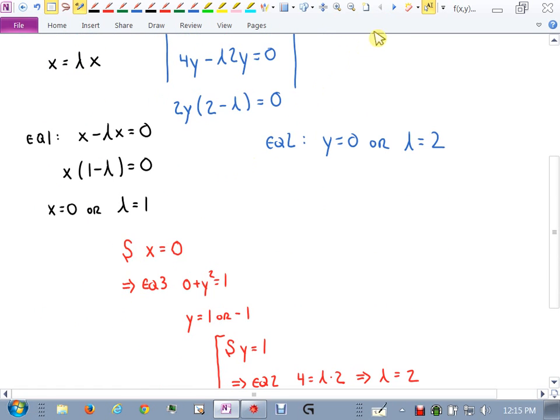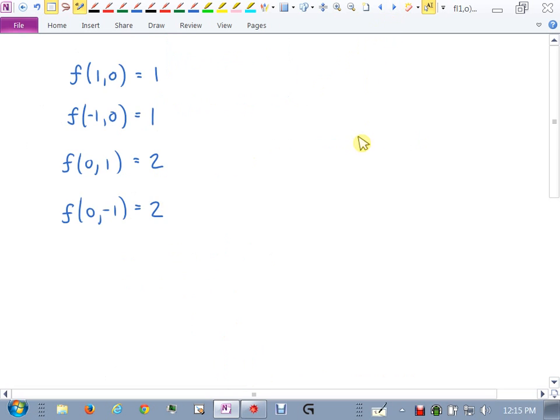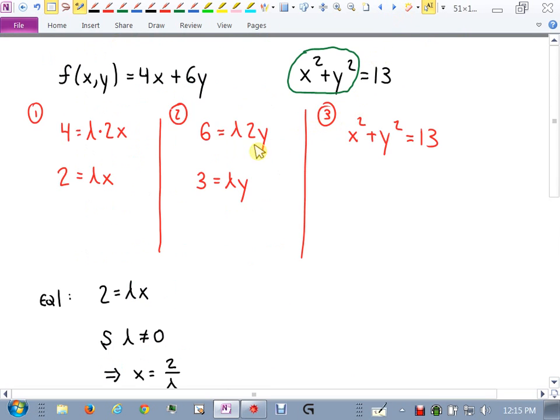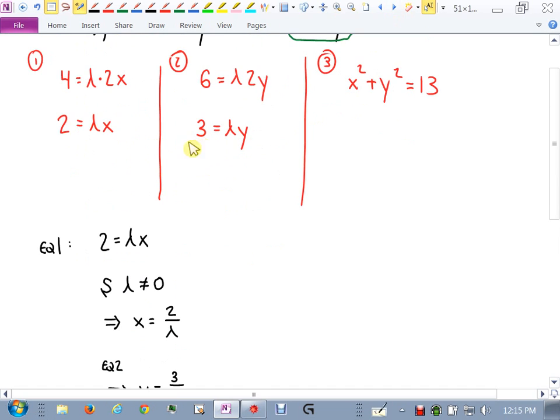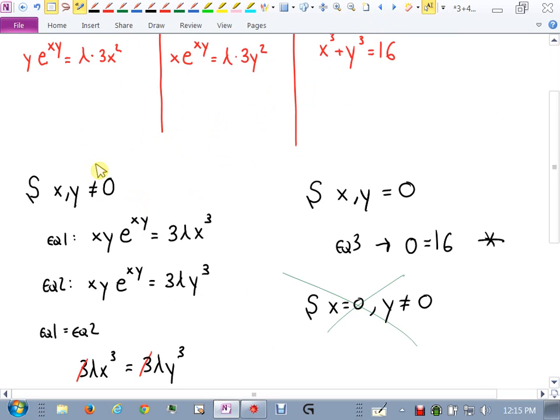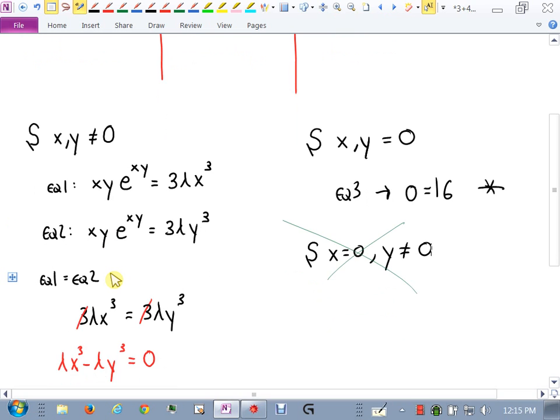The next one, we couldn't do that, so we had to solve for x and y and restrict ourselves a little bit. On the one we just did, we had to be very clever and multiply both sides by something to get equations 1 and 2 to match each other so we could set them equal to each other. These are all different approaches, right?